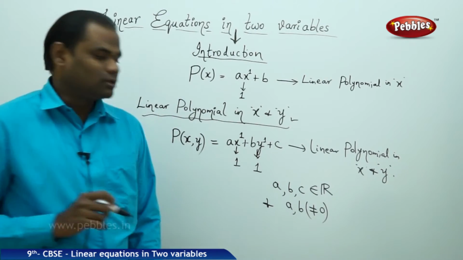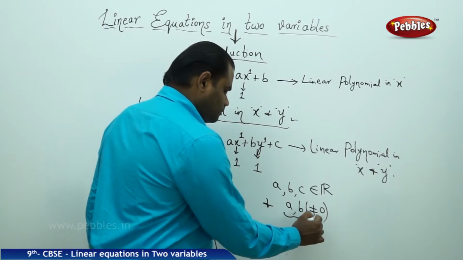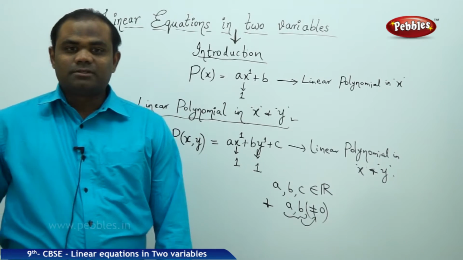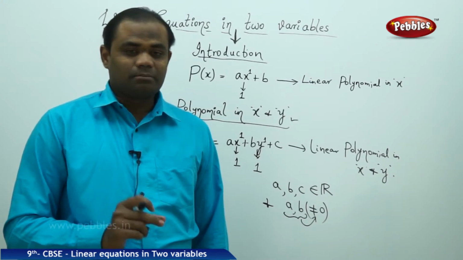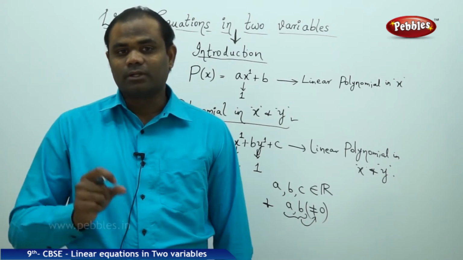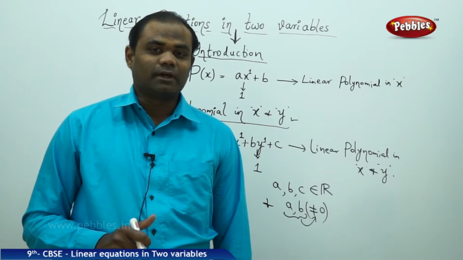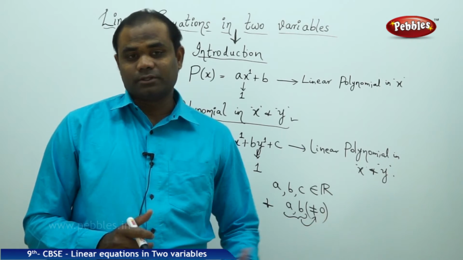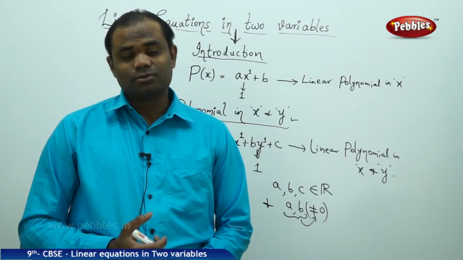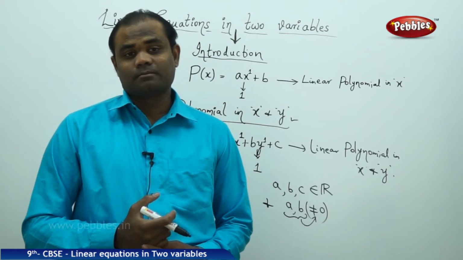They must be non-zero. a, b, c belong to R and a and b are non-zero real numbers is how I define the linear equation, linear polynomial in two variables x and y.